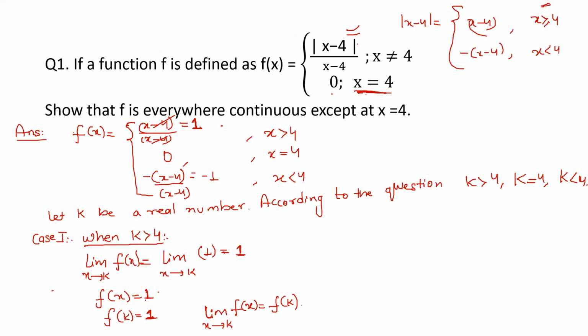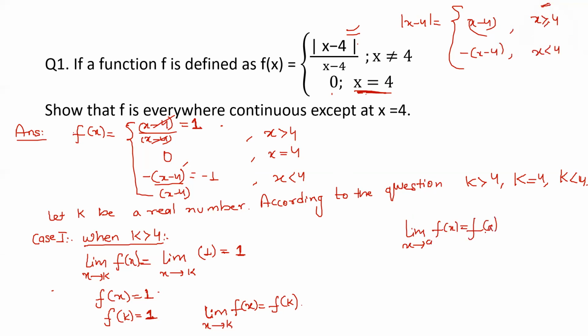So how did we get f(k)? Tell me how we will check whether the function is continuous or not. What is the formula? The formula is the limit as x tends to a of f(x) is equal to f(a).